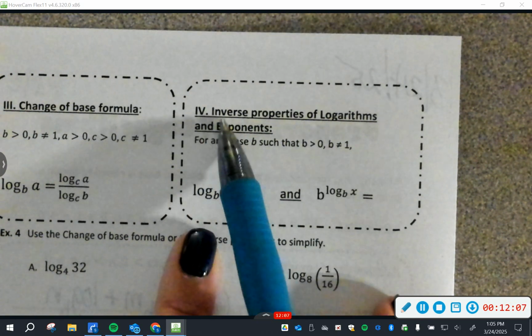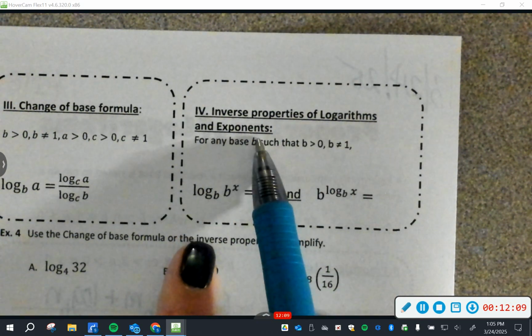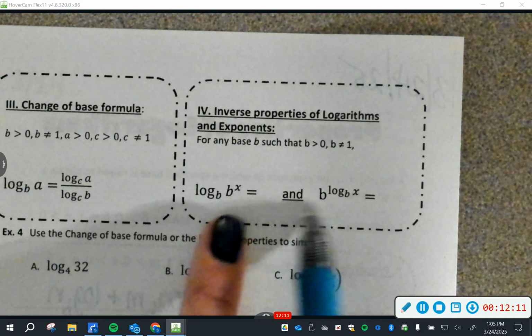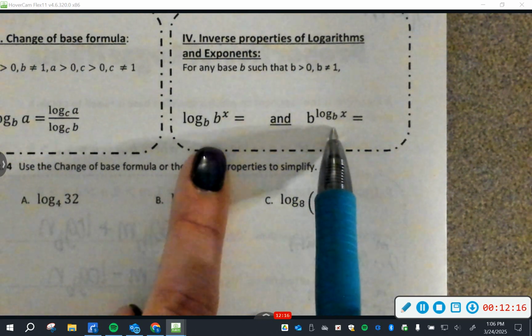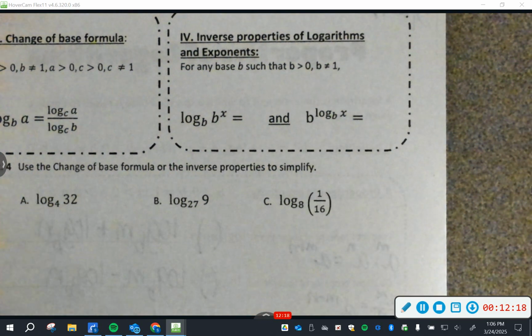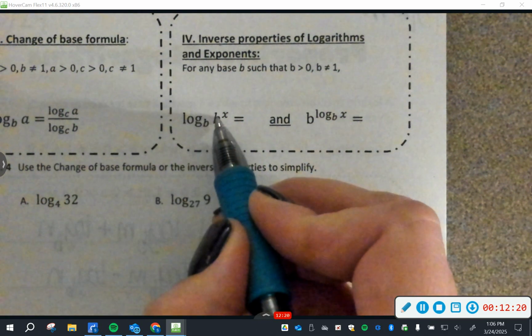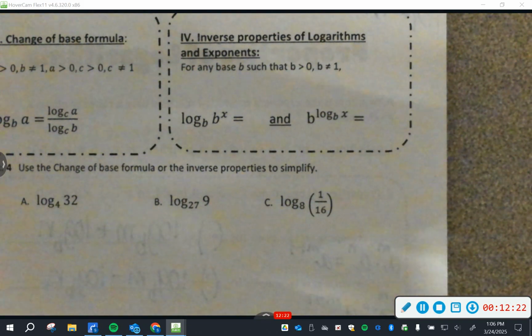Coming over here, inverse properties of logs. Now these 2 kinds of expressions are special, and if we recognize them, we don't have to do much work. So log base b of b to the x. What does that mean?